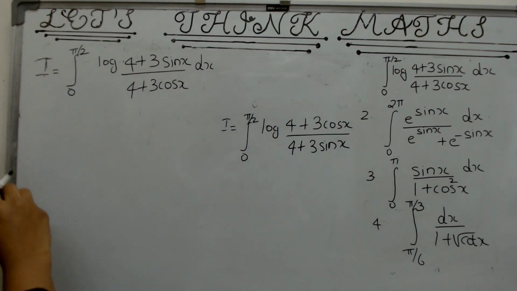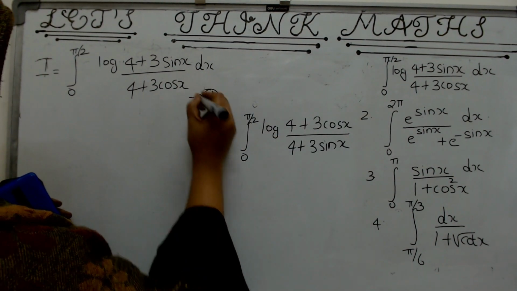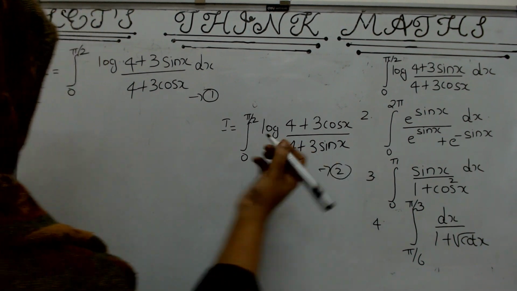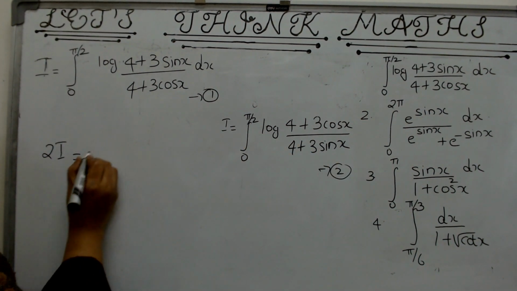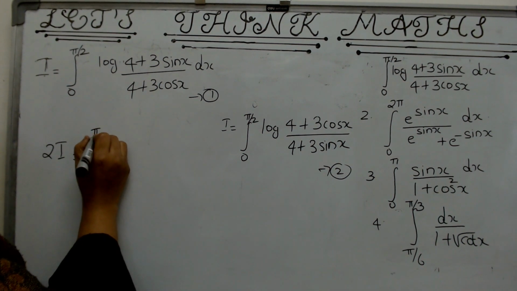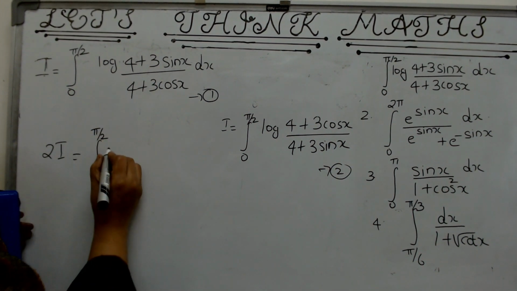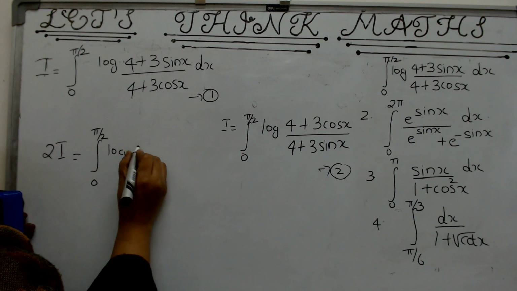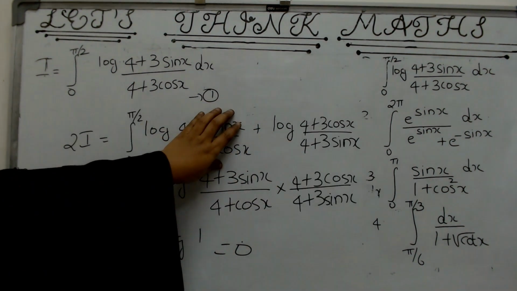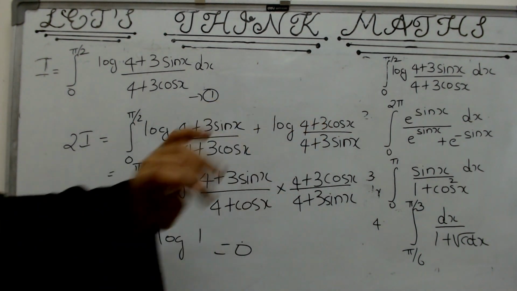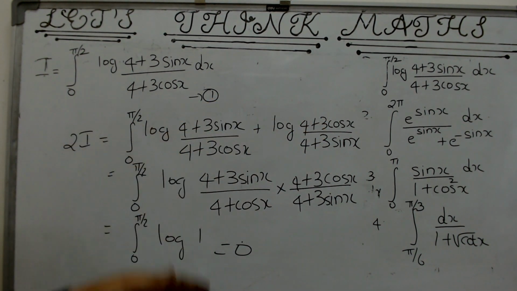Suppose this is the first equation, this is your second equation, add both of them. On the left hand side you get 2I, and on the right hand side what do you get? You have something in the form of log a plus log b. But what is log a plus log b?